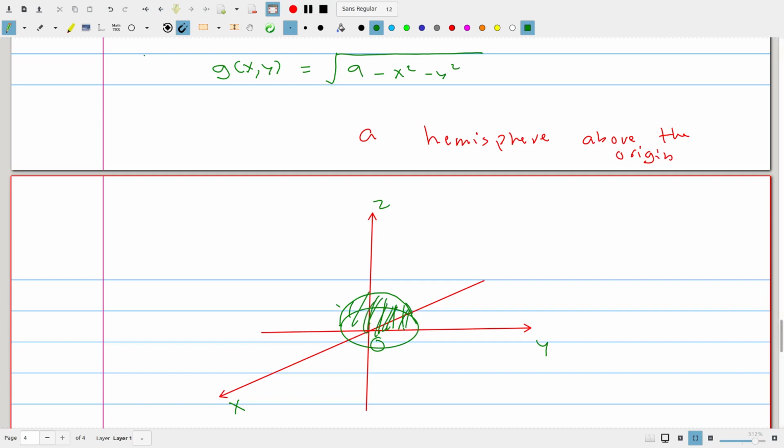The correct way to frame this is that the hemisphere is above the xy plane. So this is z equals g of xy.